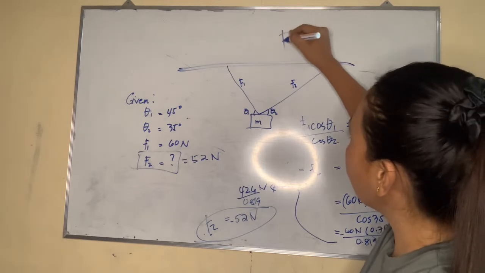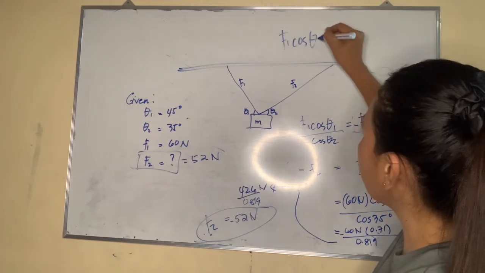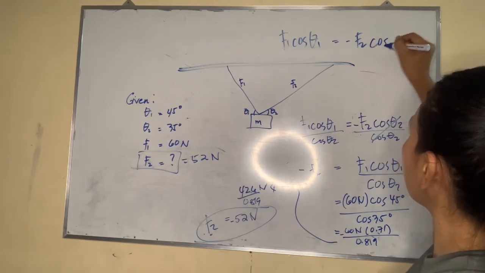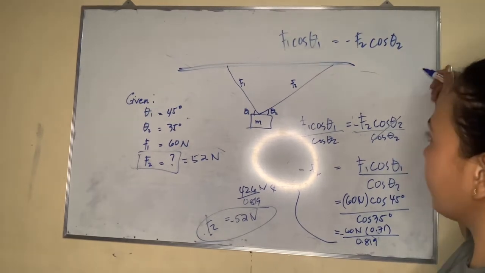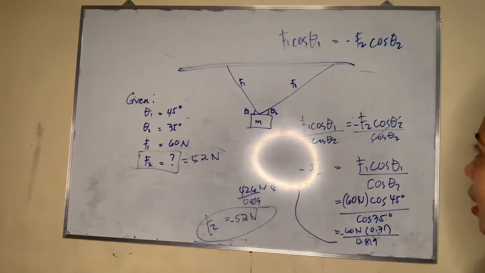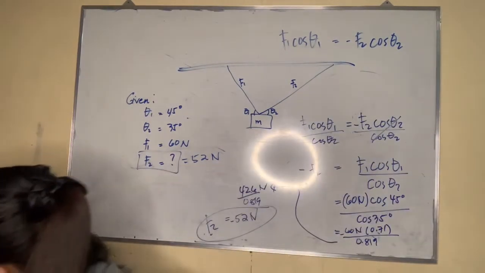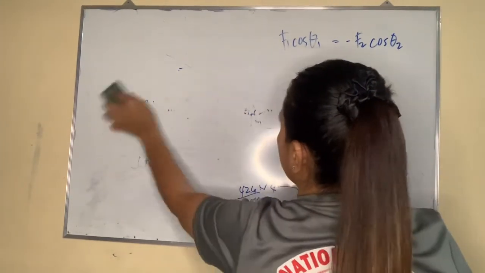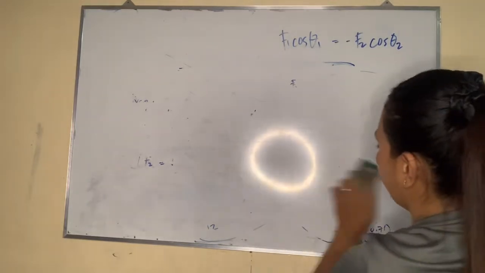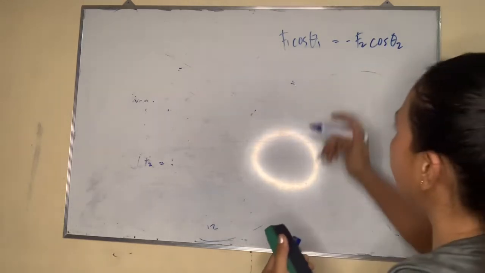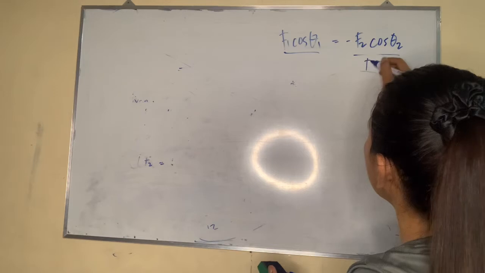F1 cosine theta 1 is equivalent to the negative of F2 cosine theta 2. Depending on which one is not given, theta 1 or theta 2, when the angle is what you're looking for, divide both sides by F1.